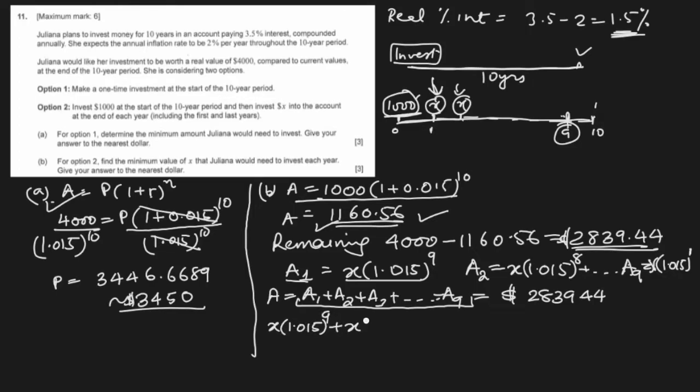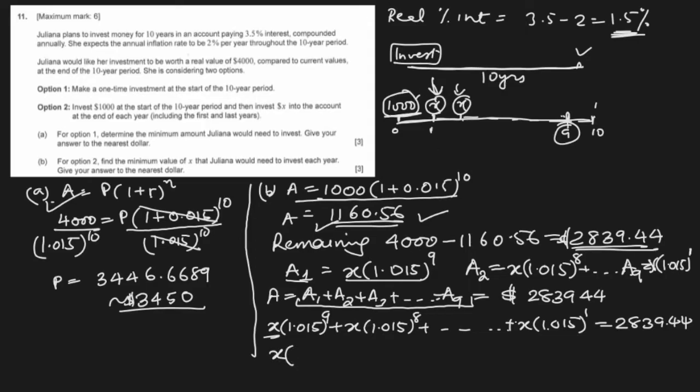Second is X times 1.015 to the power 8 plus, and the last one will be X times 1.015 to the power 1, and this has to be equal to 2839.44.